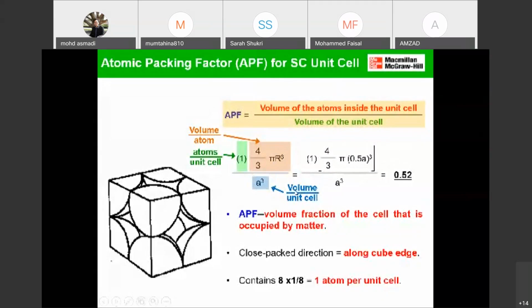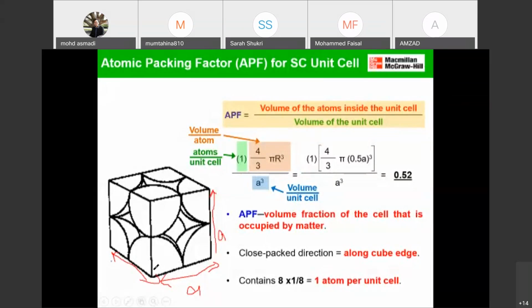How can we get the volume of the unit cell? If the length is a, and a, and a, then a times a times a is equal to a to the power of 3.